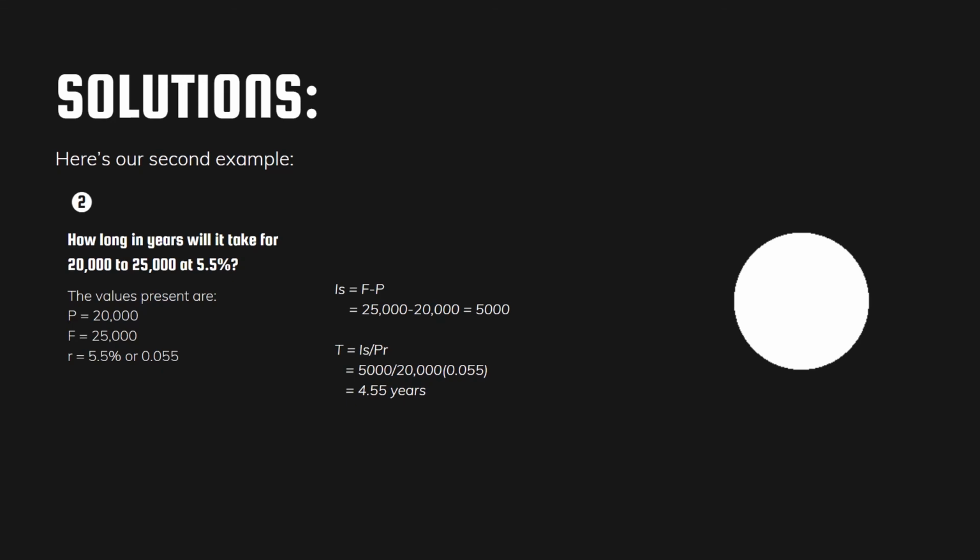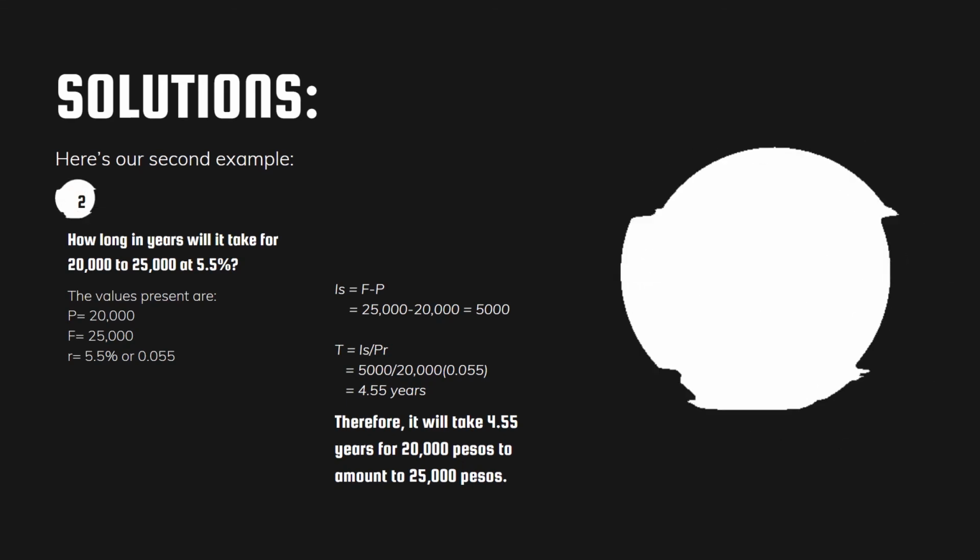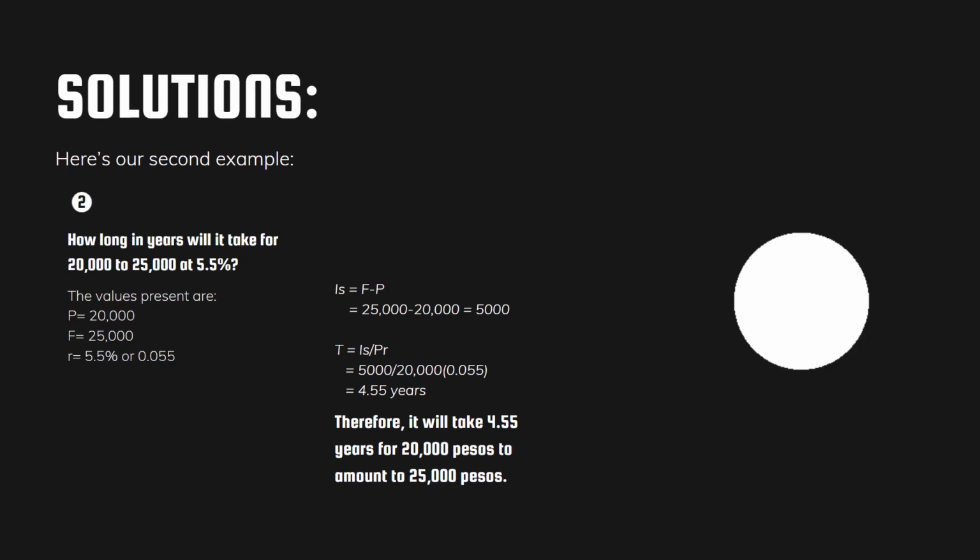So in order to complete our values, we must first look for the simple interest. IS equals F minus P. 25,000 minus 20,000 equals 5,000. T equals IS over PR. 5,000 over 20,000 times 0.055 equals 4.55 years. Therefore, it will take 4.55 years for 20,000 pesos to amount to 25,000 pesos.